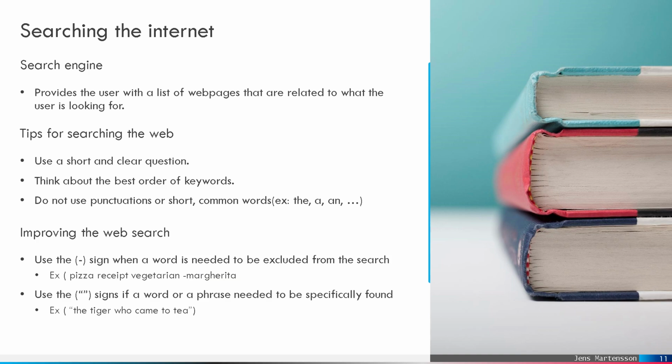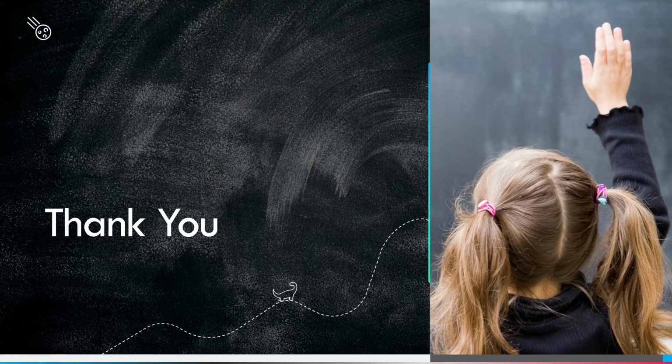Also, sometimes we need to find a specific name of a song or a name of a book or something like this. So when we need to search for a specific word or a phrase, we can put the two quotation marks at the end.